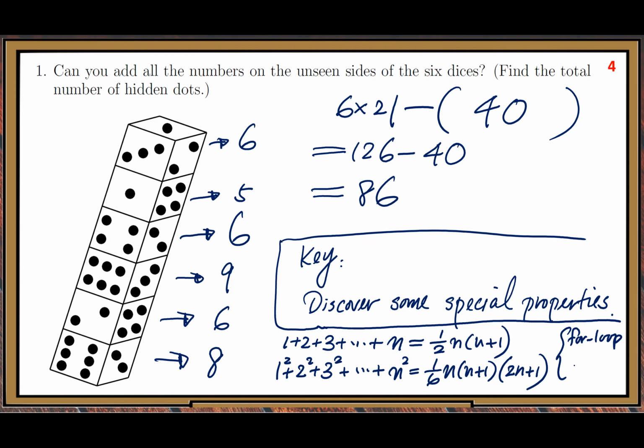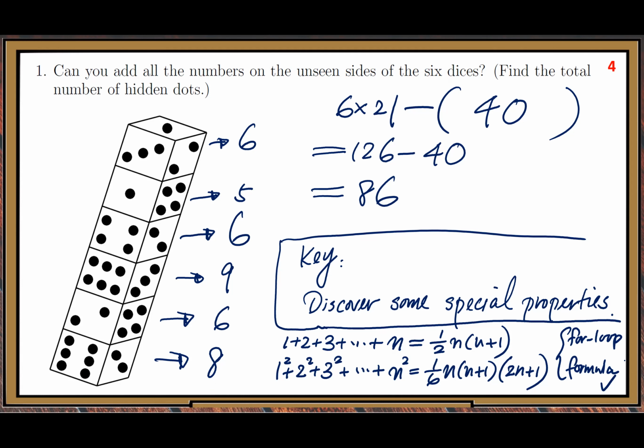So that's why, if it's possible, we always try to discover some formula. But sometimes the formula may not be available, so we have to take the loop way. If the formula is available, we always pick the formula way because we can find the answer much faster.